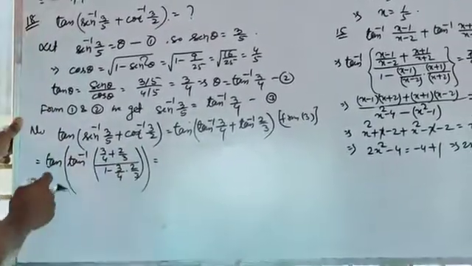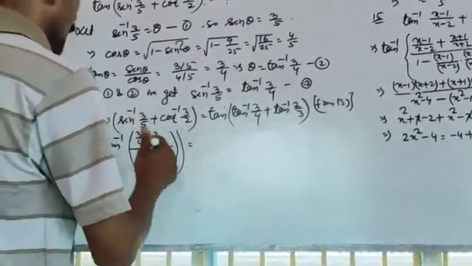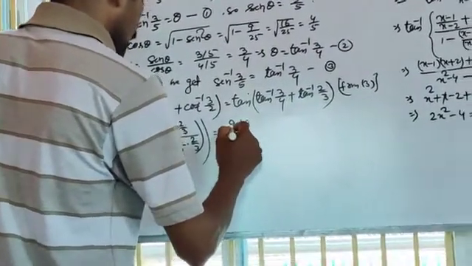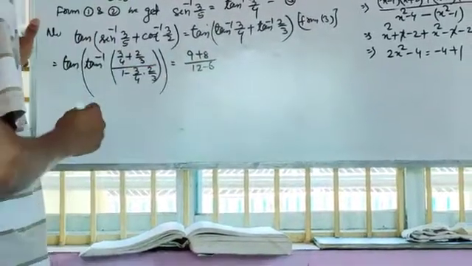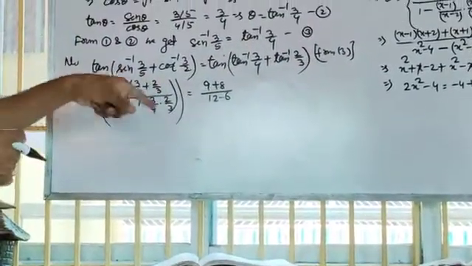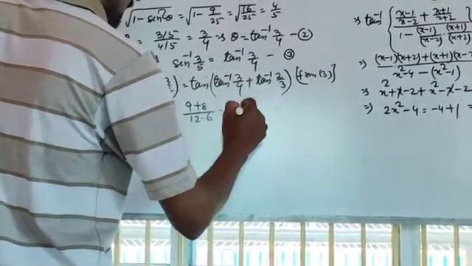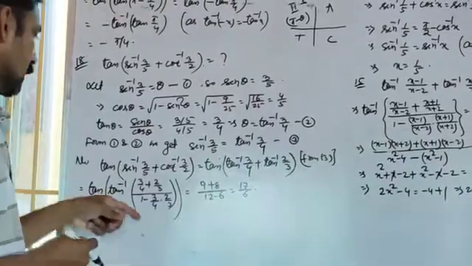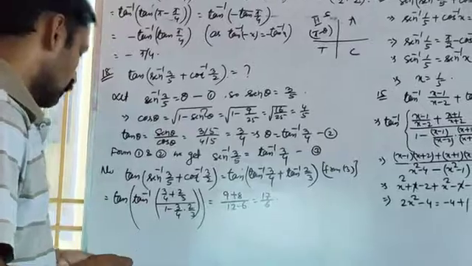So the tan and tan inverse will be cancelled. So it will become how much? It is 9 plus 8 by 12 minus 6. So here it will be 12, and it will be cancelled. So this is 17 by 6. So this is the value of this expression.